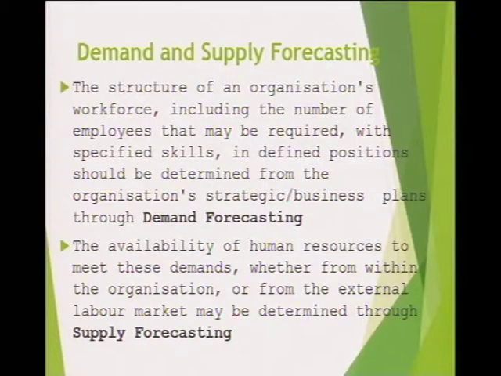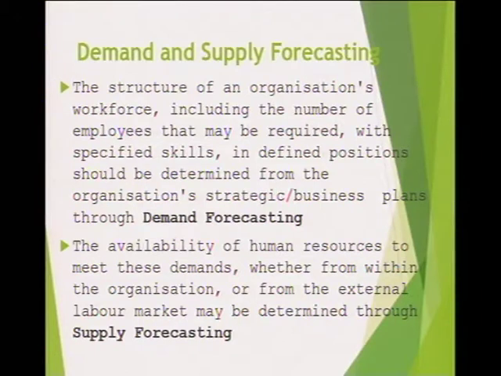There's also the issue of demand and supply forecasting, which human resource management and development highlights. In demand forecasting, we are talking about the structure of an organization's workforce, including the number of employees that may be required with specific skills in defined positions. This is mostly defined from the organization's strategic or business plan.